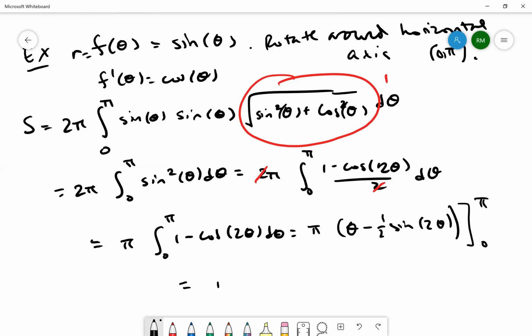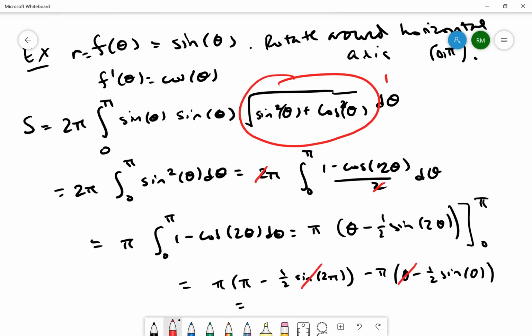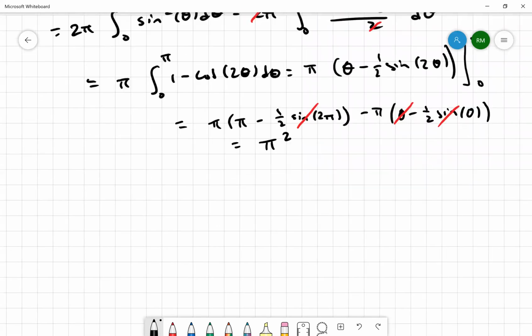So we get pi times pi minus 1/2 sine of 2 pi, minus pi times 0 minus 1/2 sine of 0. And that should equal, well, this is 0, this is 0, this is 0, and it's just pi squared as the surface area.